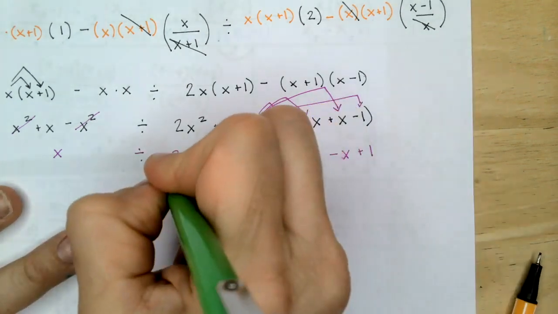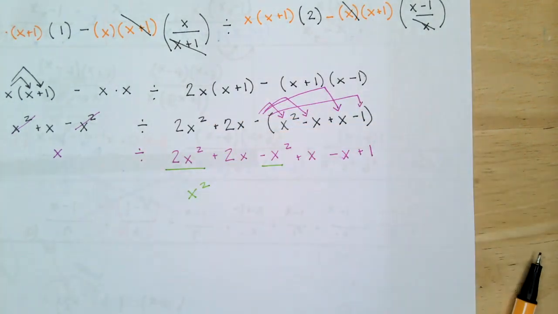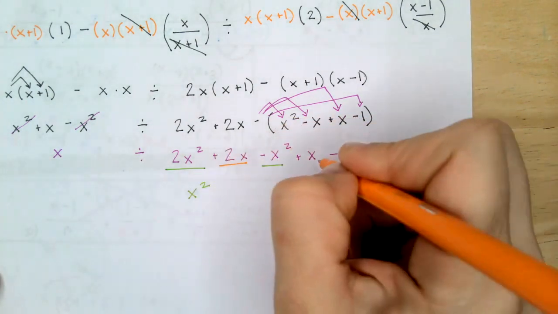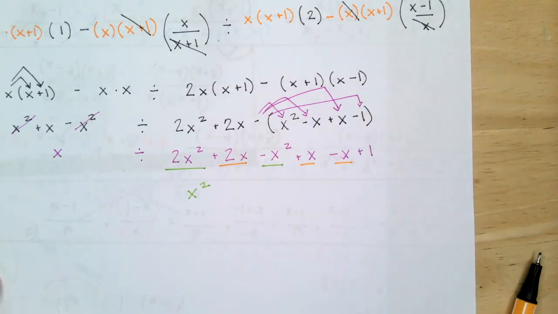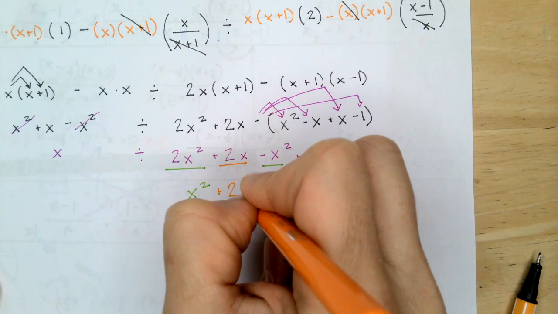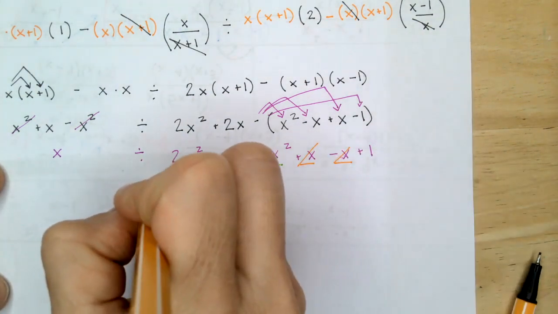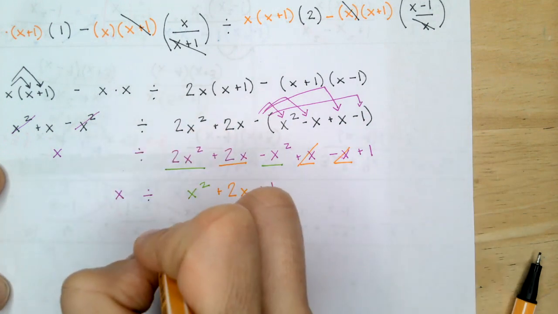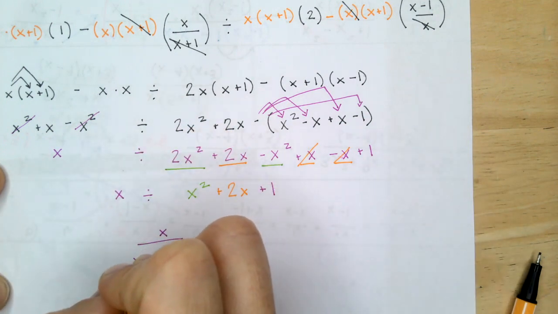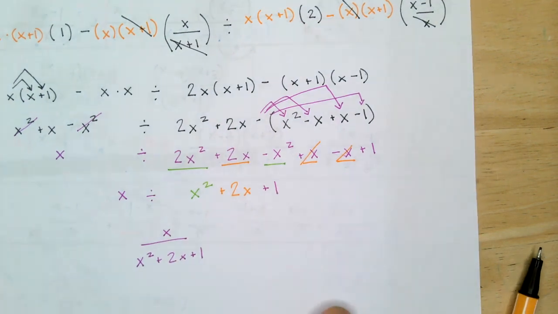Combine like terms. 2x squared minus x squared is just x squared. 2x and x minus x. Well, x minus x cancels itself out, right? And that's plus 2x plus that original 1. So we have x divided by x squared plus 2x plus 1.